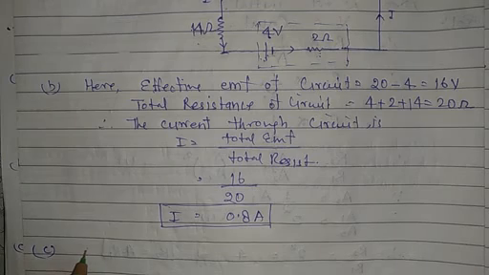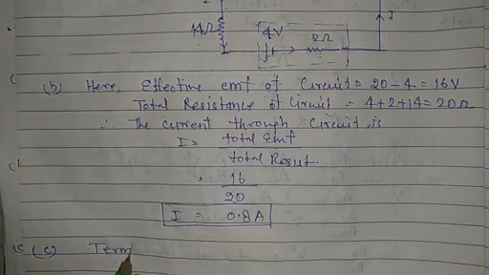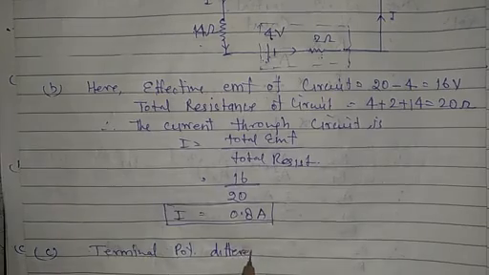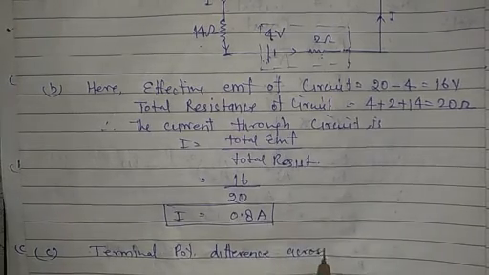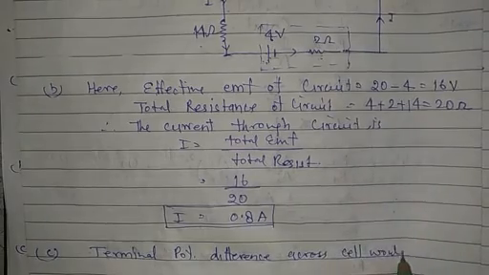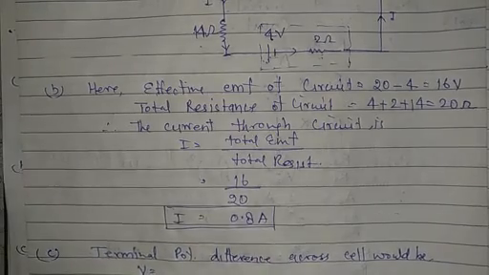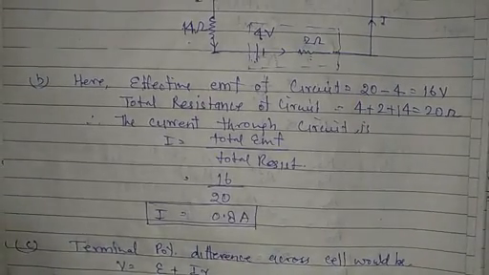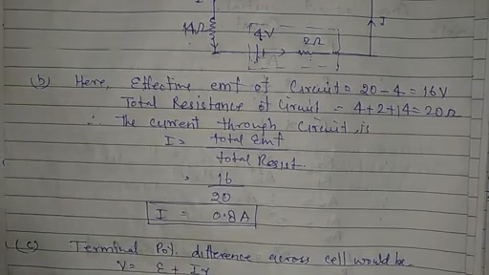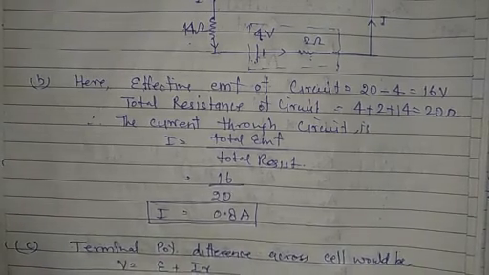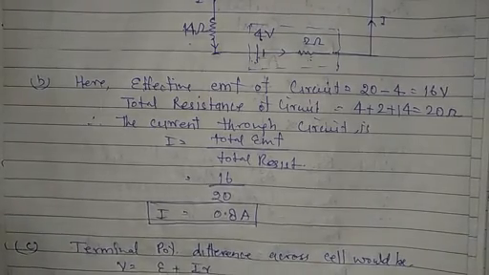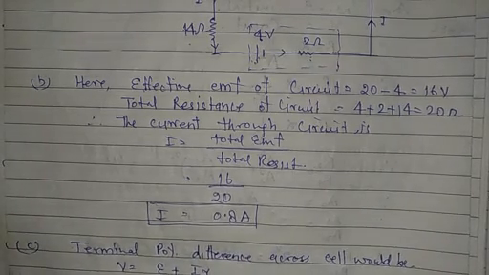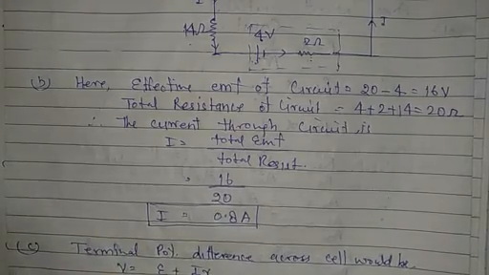Therefore the terminal potential difference across cell would be V is equal to E plus I into small r. So it will give 4 plus 0.8 into 2, that is 4 plus 1.6 equal to 5.6 volt. So here is a complete solution.